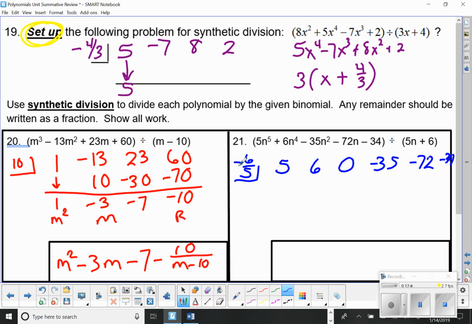Yeah, this gets a little bit crazier, but it's okay. We can do it. We bring the 5 down. Now, negative 6/5 times 5 is just negative 6. Not bad, right? Negative 6/5. Oops, sorry. Did that in the wrong spot.